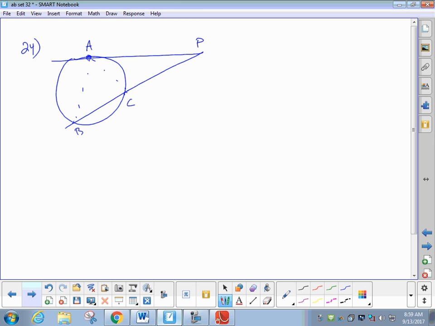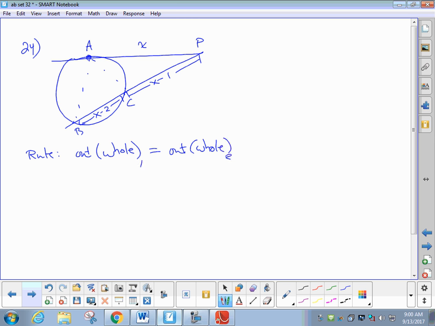What's the rule? Okay. So if that's x, PC is x minus 1, and BC is x minus 2. The rule for the algorithm is that the outside times the whole of 1 will equal the outside times the whole of the other.